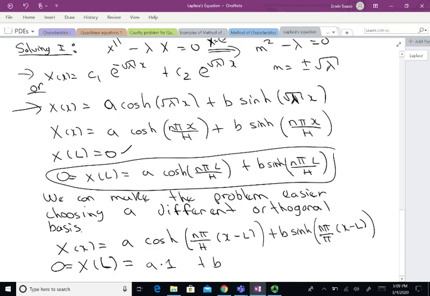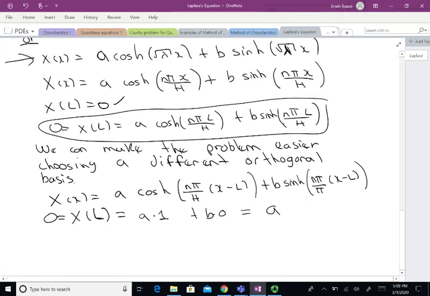Plus B times sine hyperbolic of 0, which is 0. So you have A equals 0. In conclusion, my solution looks like x of x equals B sine hyperbolic of n pi over h times (x minus L).